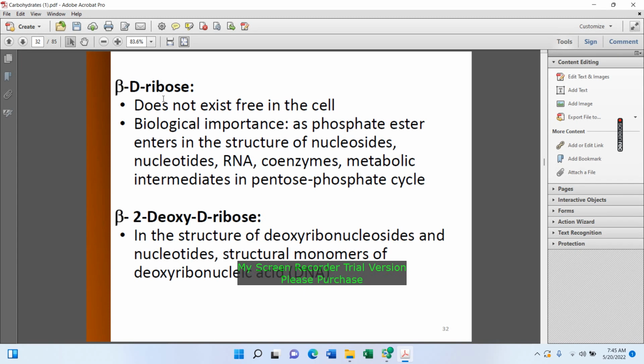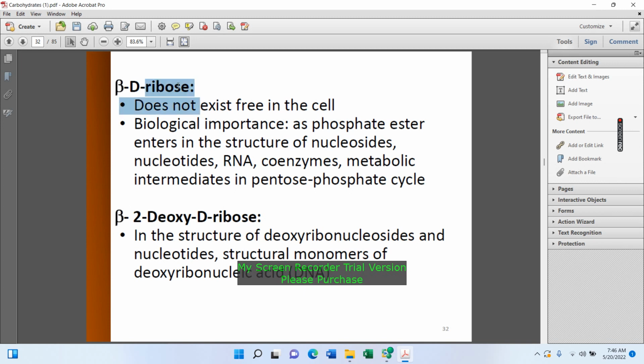So beta D-ribose acts as a metabolic intermediate in the pentose phosphate cycle when the phosphate ester enters the structure of nucleosides, nucleotides, RNA, and coenzymes.